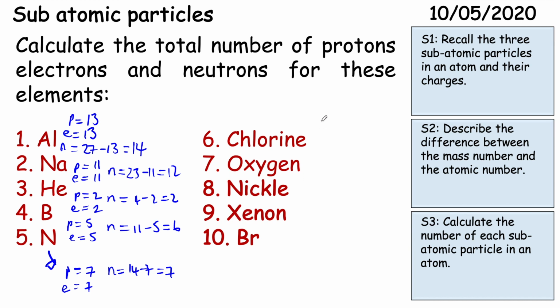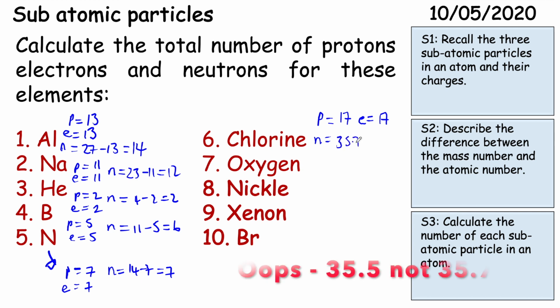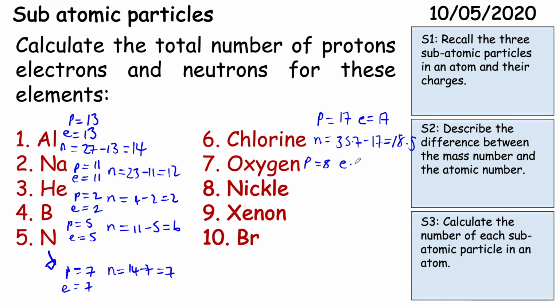So chlorine, if you hunt that one out, you'll see that its protons are 17, its electrons are also 17, and its neutrons, slightly trickier now, this is 35.5 minus 17, and that is 18.5. Next one, oxygen, protons equals 8, electrons equals 8, and neutrons equals 16 minus 8, which is also 8.